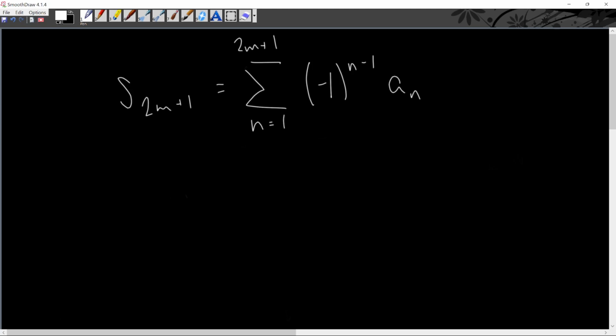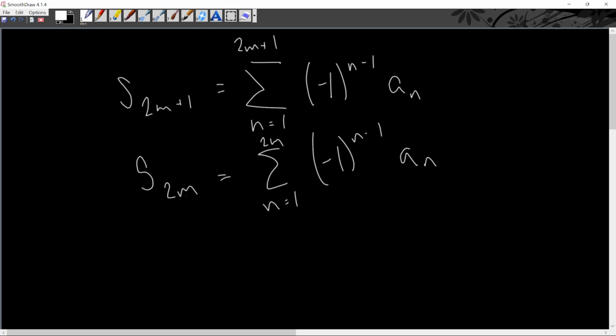If this is convergent and this is convergent, so if you use an even number, 2m, the sum from n equals 1 of negative 1 to the n minus 1 times a sub n, if both of these converge to the same value, it doesn't matter whether the number is negative or positive, the larger series is converging.